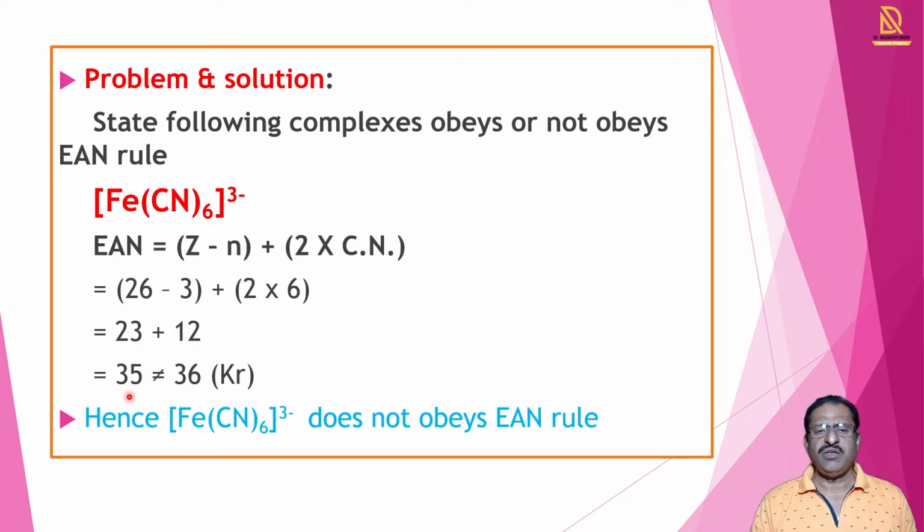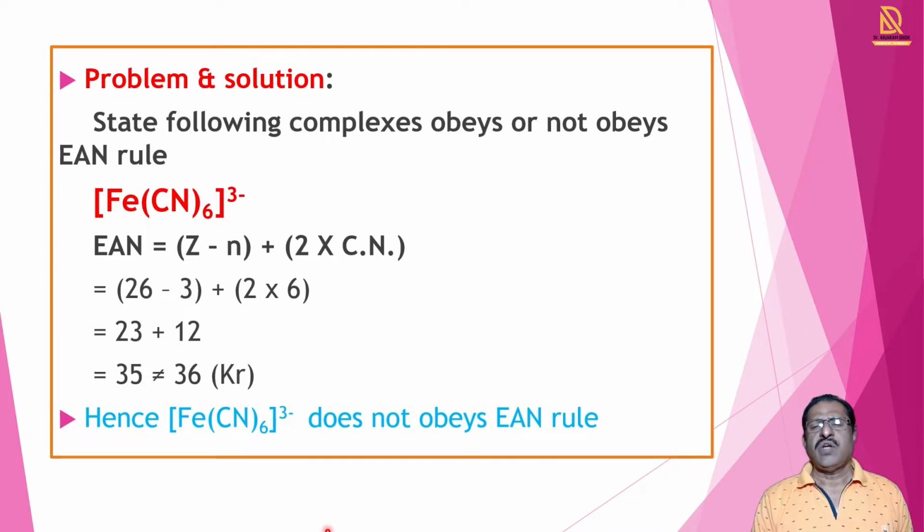So this 35 value is near 36, which is the electronic configuration of krypton, but it is not equal to the electronic configuration of krypton. And so we write here 35 is not equivalent to 36. So according to the Sidgwick theory, this Fe(CN)6 3 minus does not obey the EAN rule, or it is not stable according to the Sidgwick model.